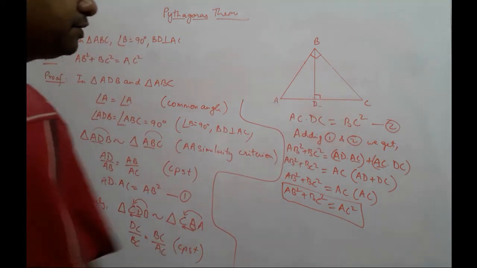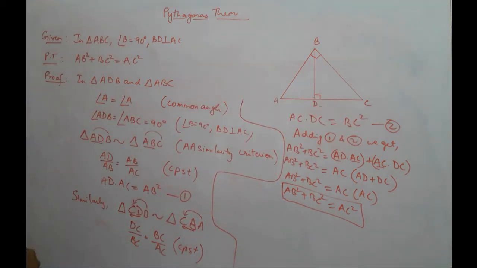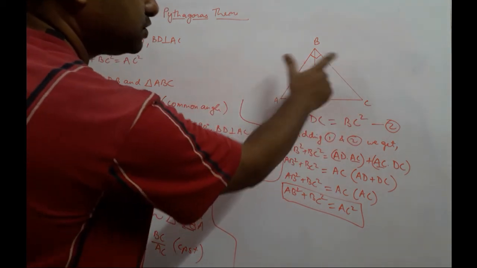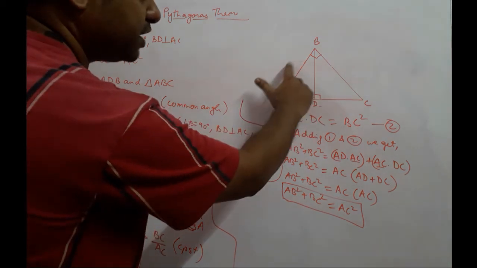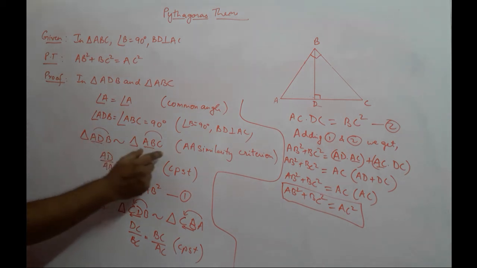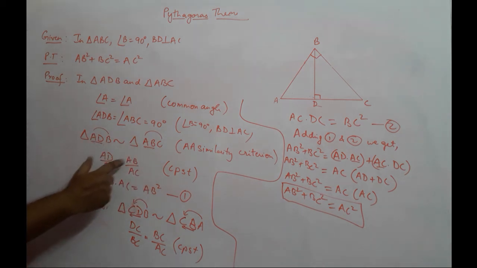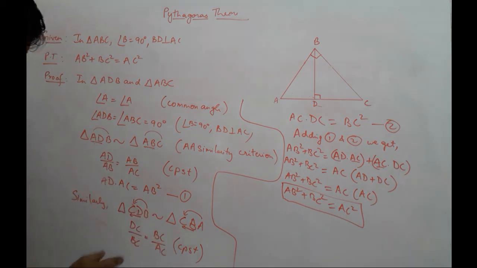Then you have this hypotenuse coming common to both of them, and you have these two sides also coming. Because in the end we need the squares of these two sides and the square of this side. So over here I chose the triangles in such a way that we got AB square. Even here I chose the triangle in such a way that we got BC square.